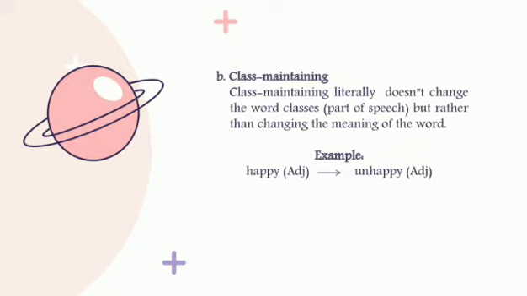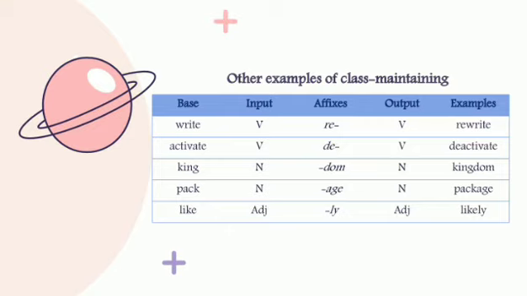For the example you may see on the screen, the word happy is an adjective, but if it is attached with a prefix un, unhappy is still an adjective. So it doesn't change the word class, but it changes the meaning of the word. For more examples, in the list, the word write is a verb, and if it is attached with the prefix re, it also becomes a verb, rewrite. And you may see the other examples in the list.